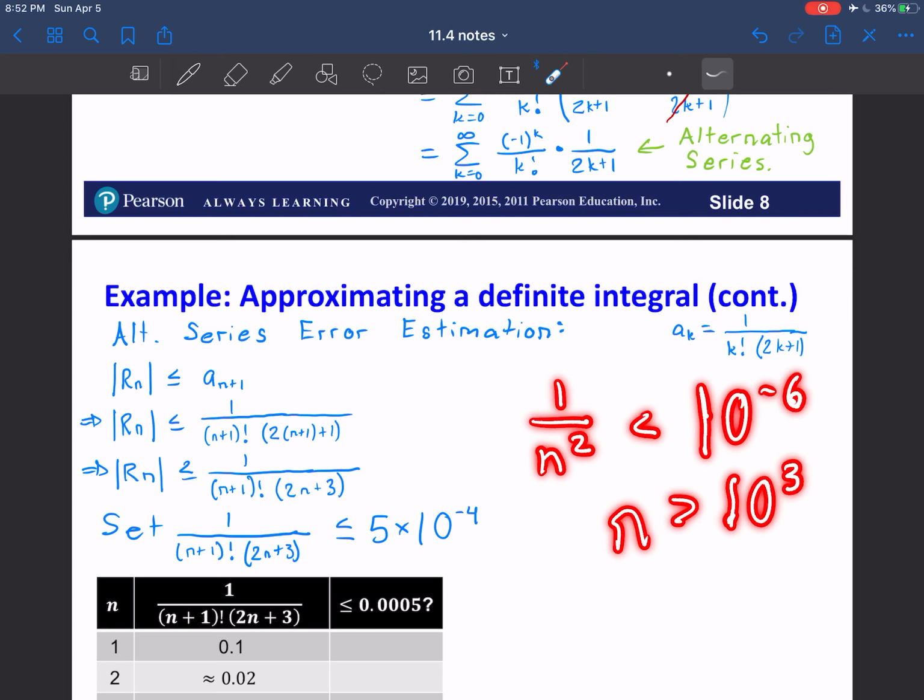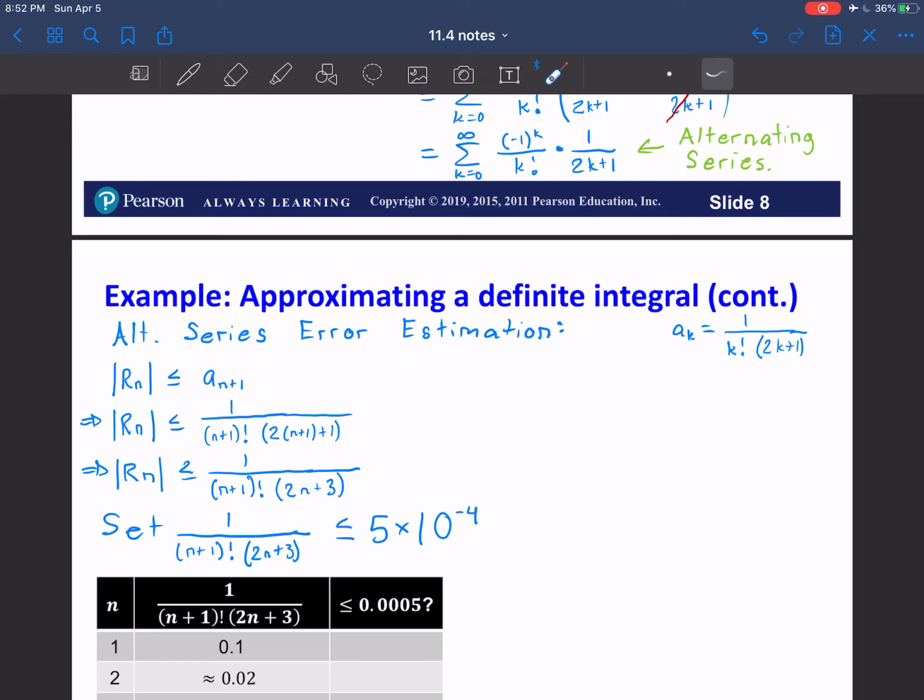But unfortunately, in this problem, it's basically impossible to solve explicitly for n. So we can't solve this explicitly for n.